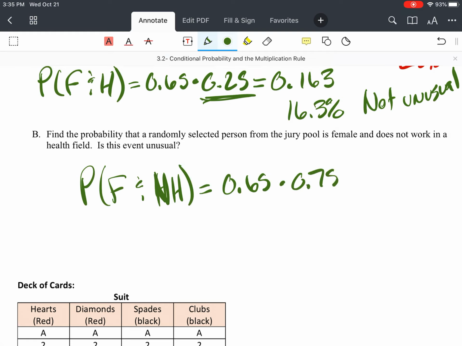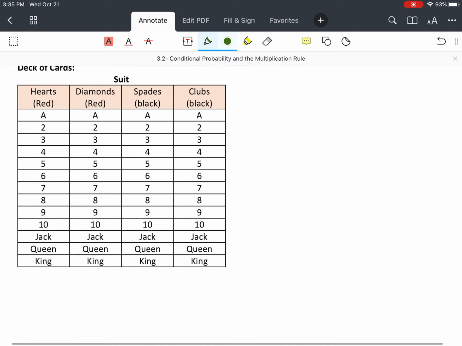So again, it's 0.65 times 0.75. This is the probability that they don't work in the health field in this jury selection. We multiply those together and we get about 0.488. And because this is not less than 5%, it is not unusual.